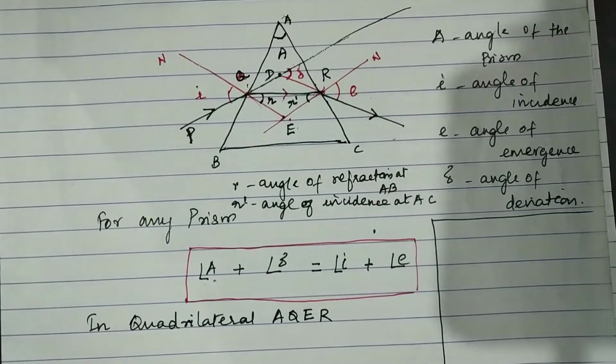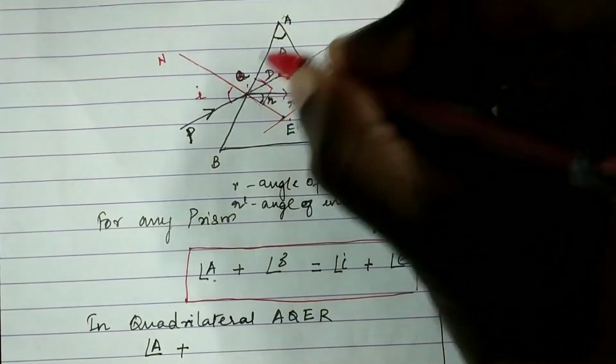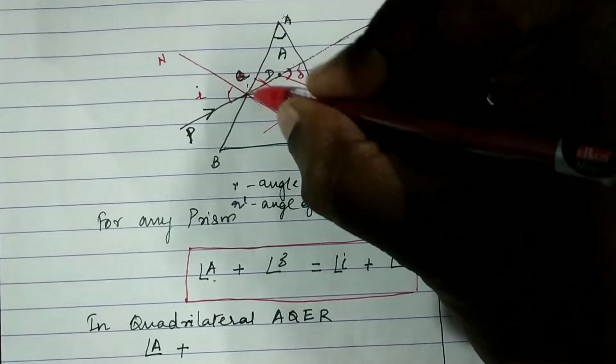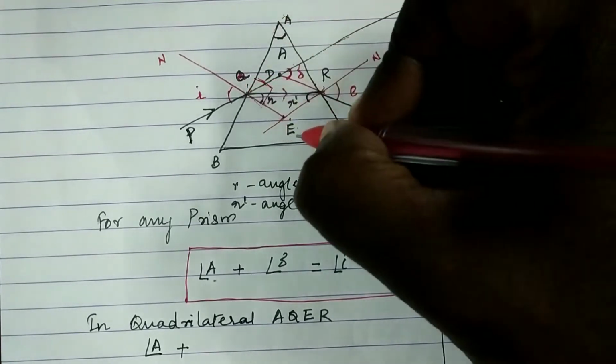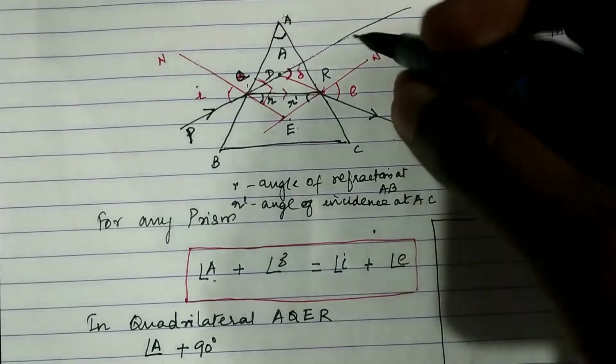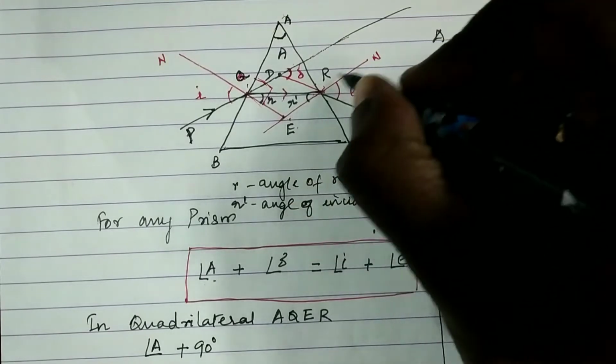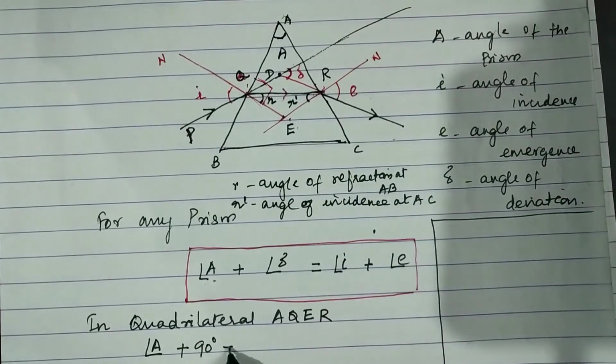Am I right? So, I can write angle A plus, see, this angle will be 90 degrees. This angle will be 90 degrees. So, AQE 90 degrees. And here, ARE, this is a normal. So, this is 90 degrees. Plus E is equal to 360.